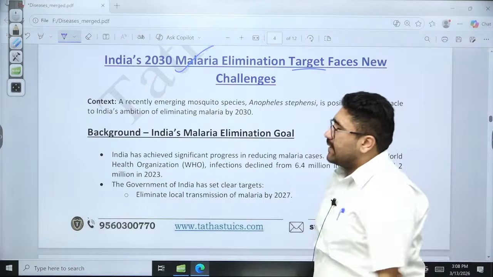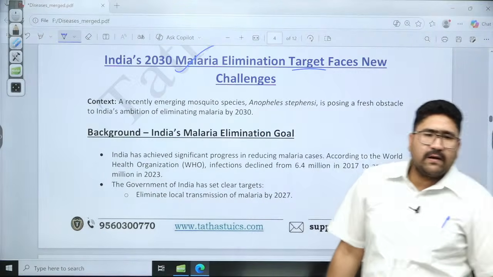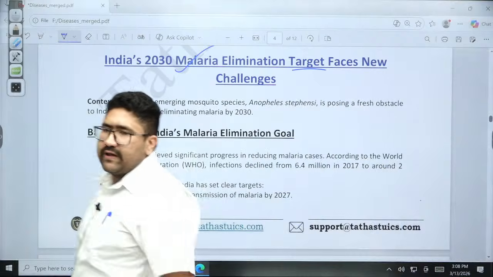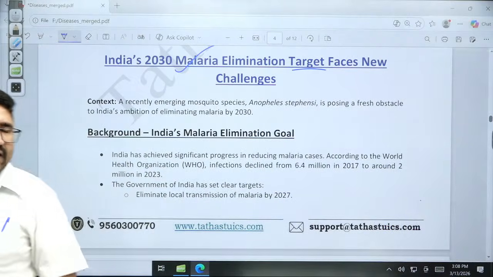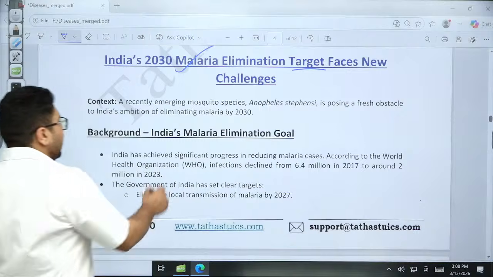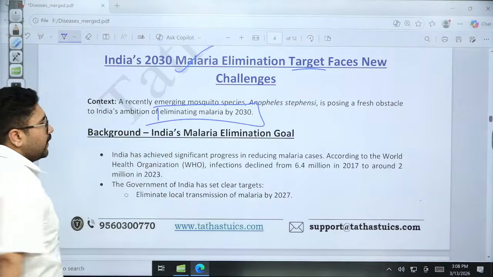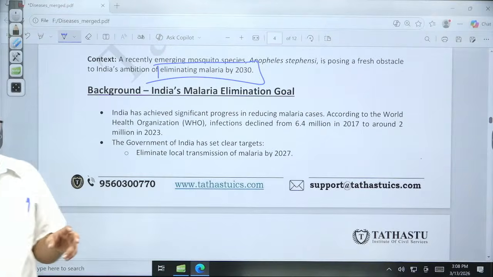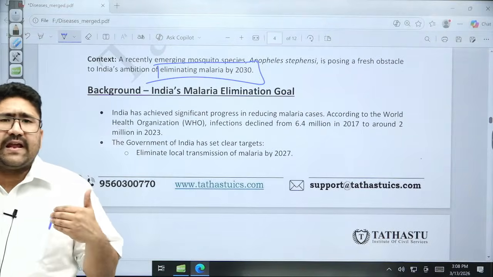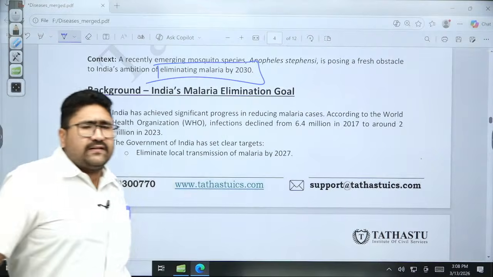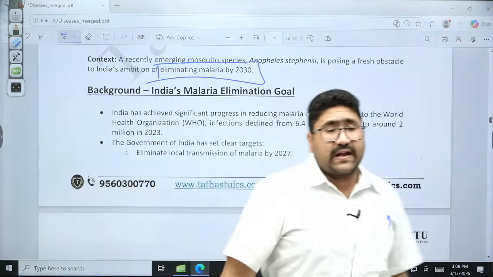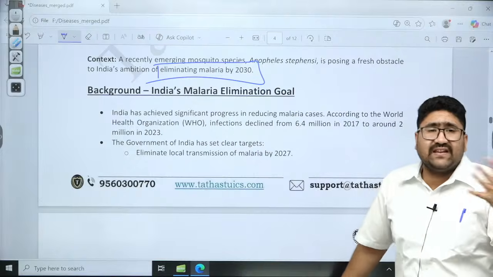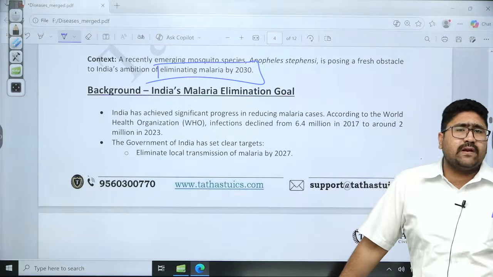Next is about malaria elimination. The Government of India, Ministry of Health and Family Welfare, have already set a target that by 2030 we will eliminate malaria from India. We all know that there has been an obstacle, a hindrance in achieving this target, because the vaccination related to malaria has not been completed.